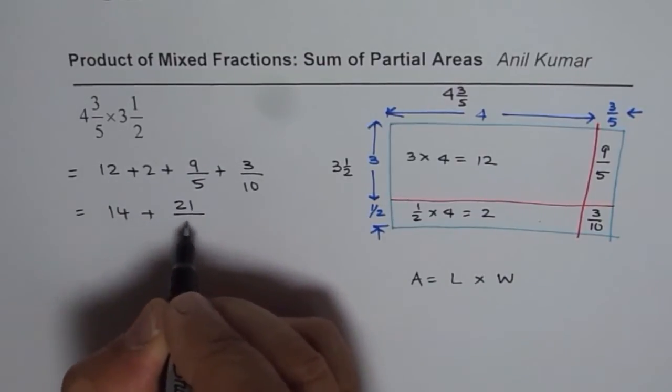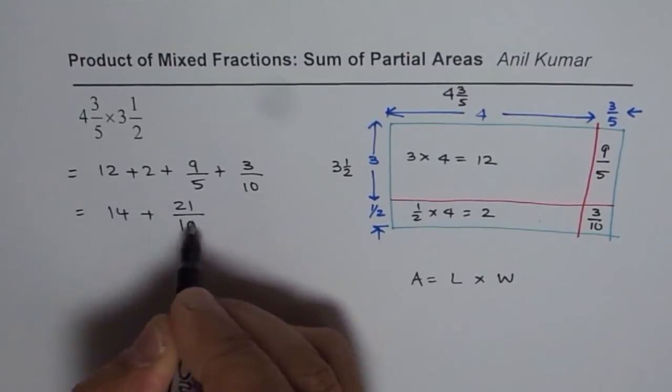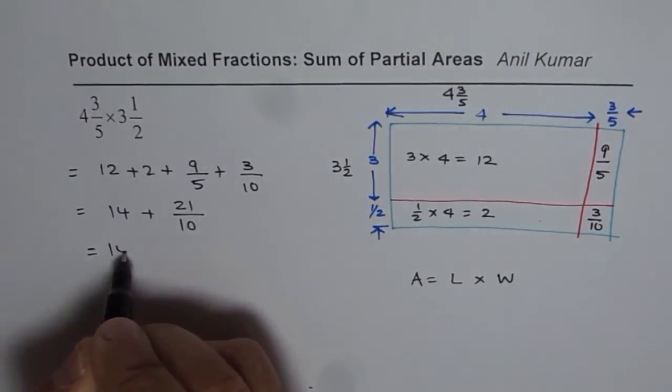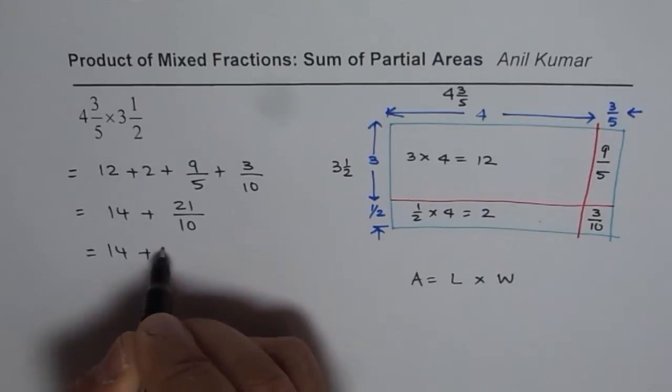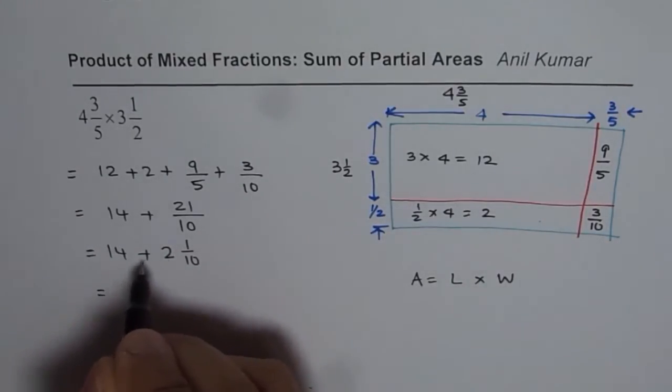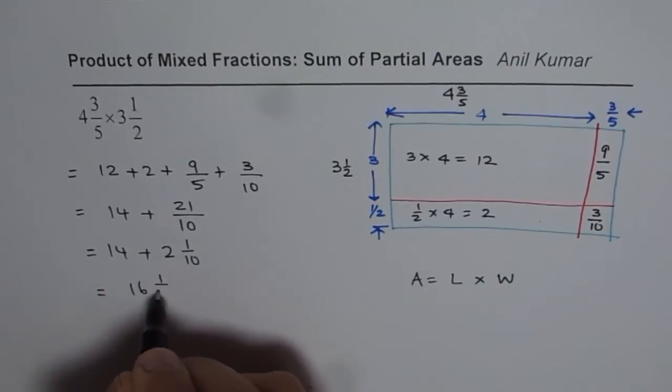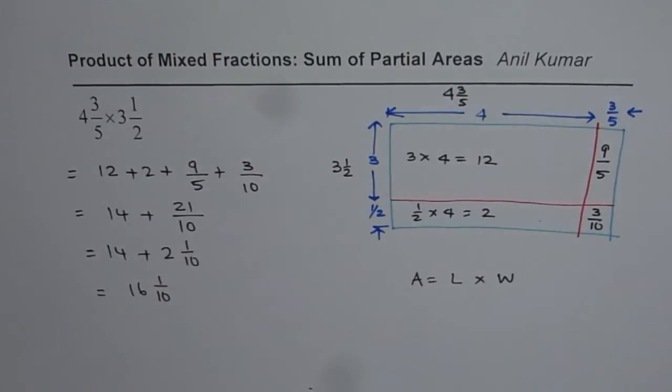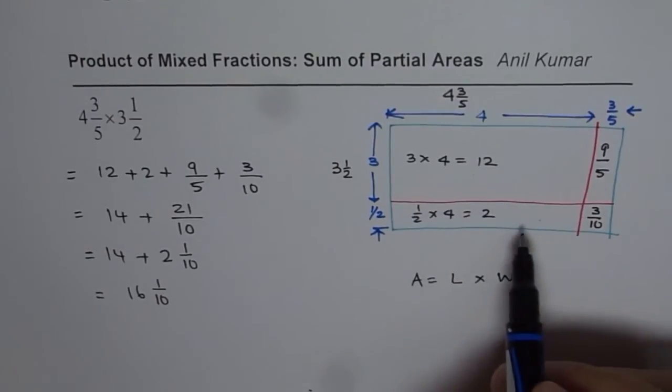So 21/10. And that could be written as 14 plus 2 wholes, 1/10, or we could write this as 16 1/10. So that is a very good way of finding the area using a rectangle and the partial sum of these 4 areas. Normally in such questions you will get 4 portions.